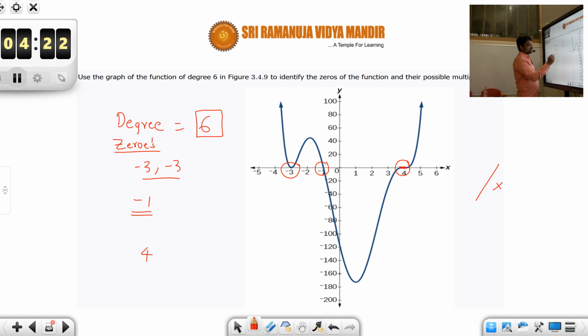The multiplicity of 4 would be an odd number greater than or equal to 3. But can this be 5? If it is 5, the sum of the multiplicities would become 8, which is greater than 6. So this is wrong, and the multiplicity of 4 cannot be 5 or greater than 5. It should be less than 5.